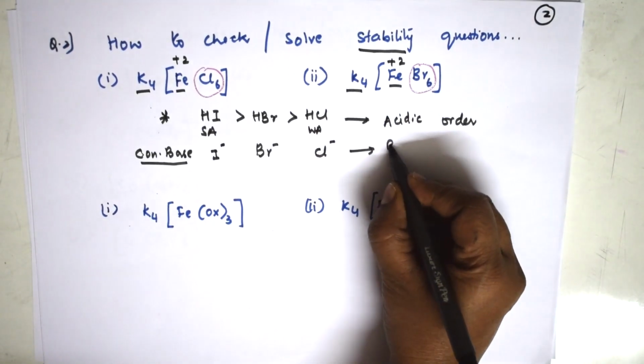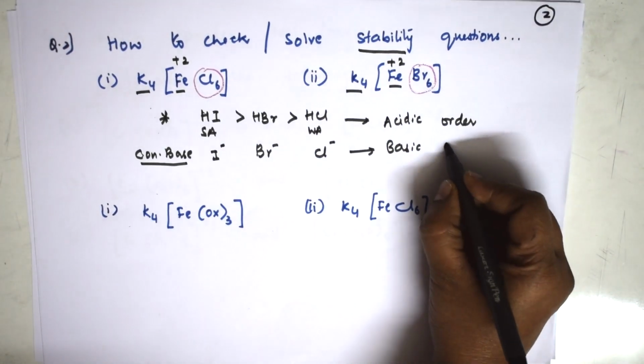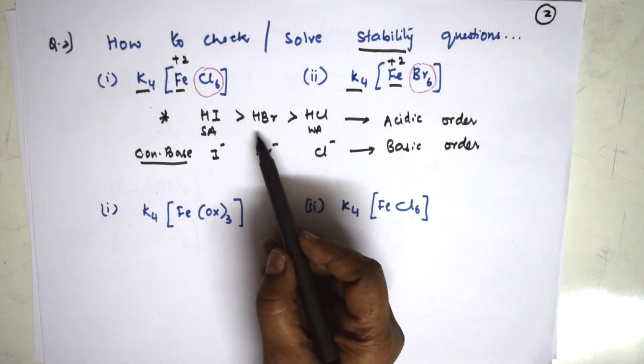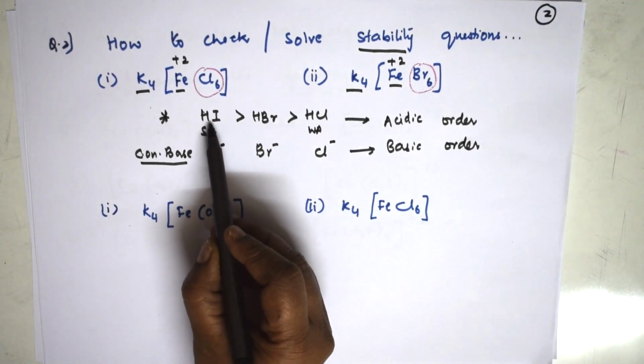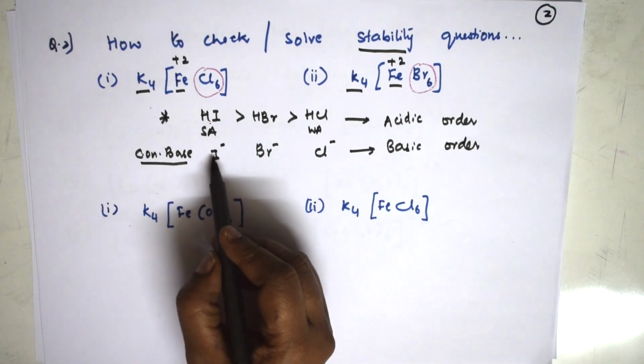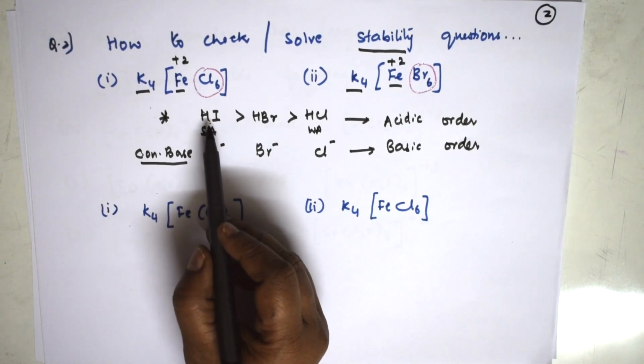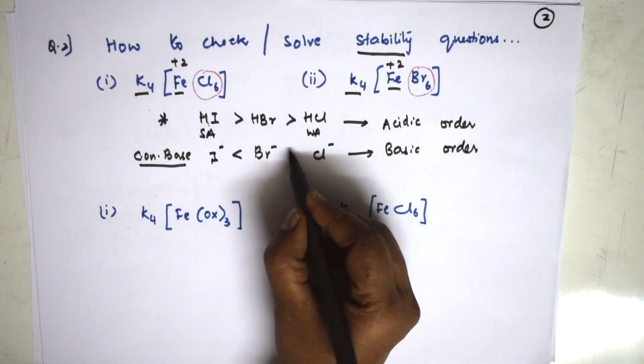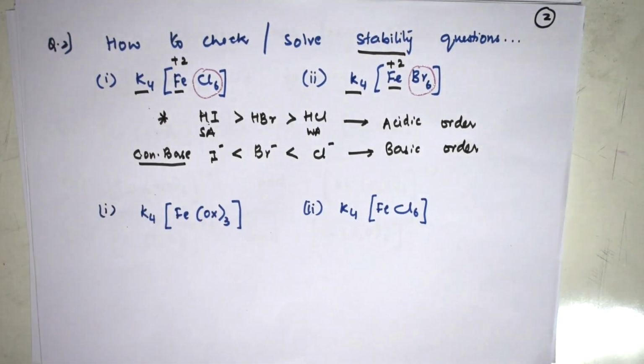So this is the basic order. Now, here when I take acidic order and basic order, just understand. The one which is the strongest acid, the conjugate base would be weak, correct? If the acid is strong, its conjugate base is weak. So automatically I minus is weaker, Br minus is weaker, Cl minus is weaker.